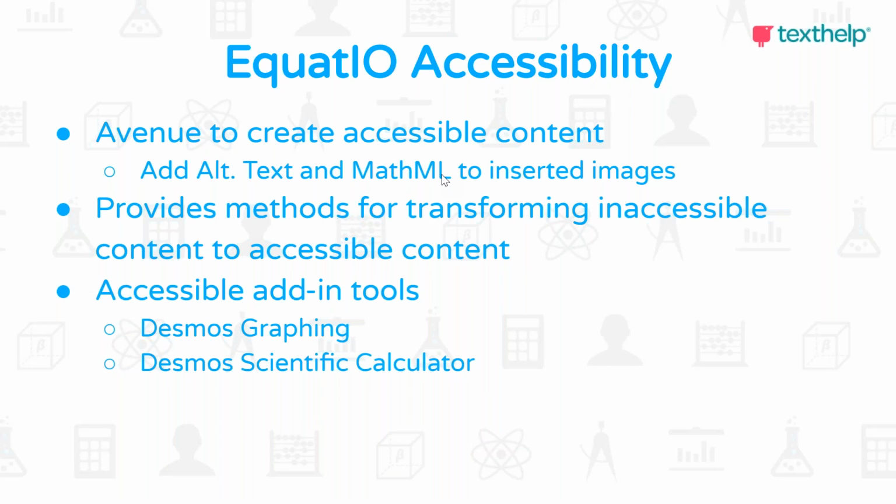And I'll show you how that works in a little bit. Because this tool works the way it does, it actually provides schools a method for transforming inaccessible content into accessible content. We're going to talk a little bit more about this when we talk about how faculty can use the tool, and how disability resources or remediation specialists can use the tools, things like that.